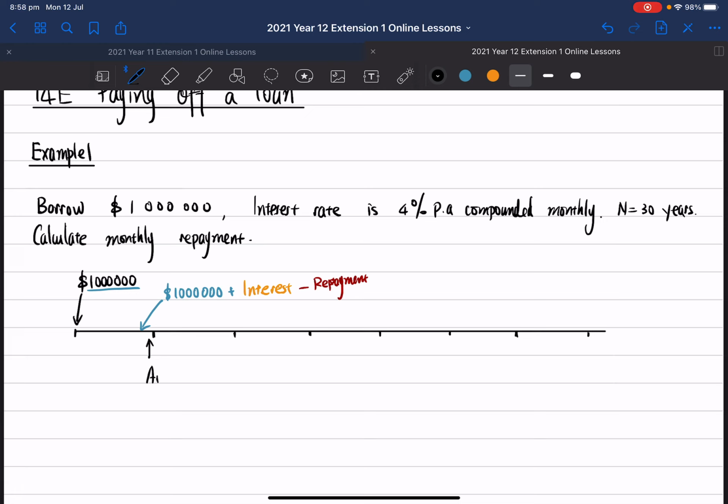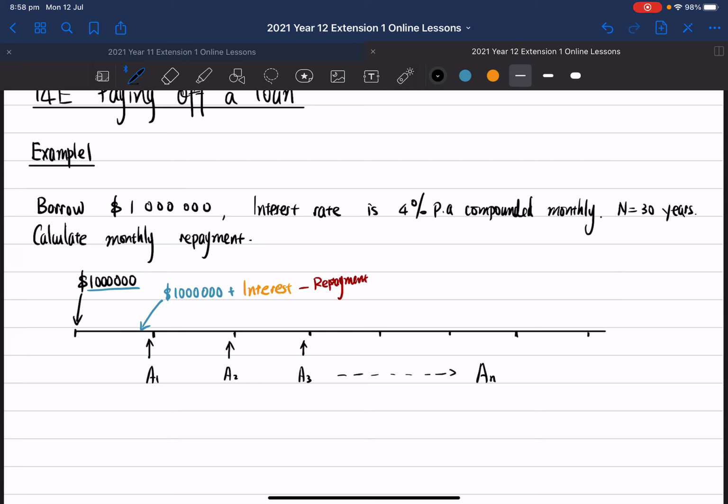It can be the first month. So if you follow this idea, A2 will be the amount you still owe to the bank at the end of the second period, the second month, the second fortnight. Again, it depends on the question. A3 is the amount you still owe to the bank at the end of the third one, until you get to AN.